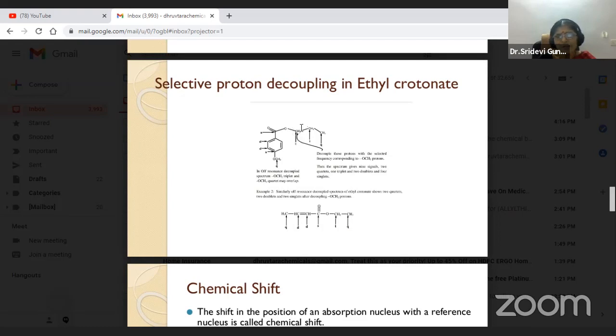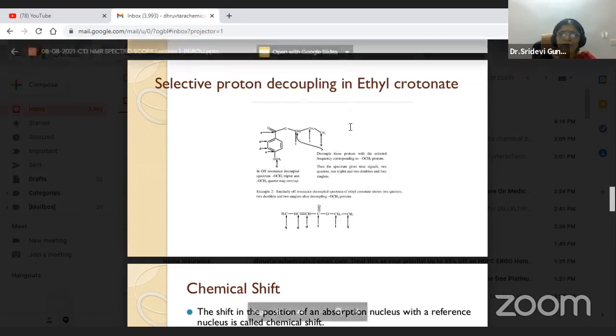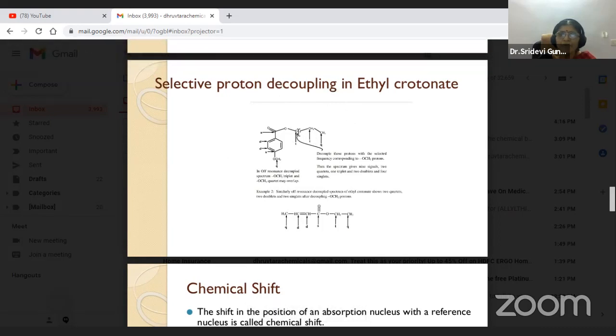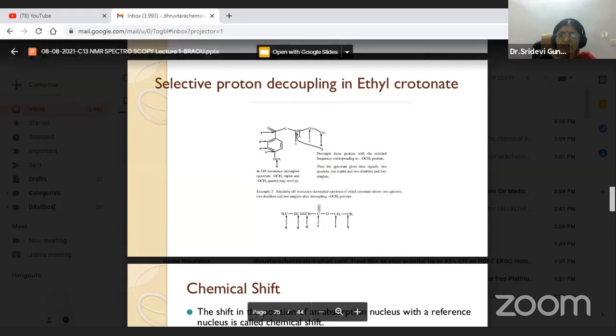Only these OCH2 protons are decoupled and all other coupling information is retained. So only this OCH2 carbon will appear as a singlet instead of a triplet. Whereas this will appear as a quartet, and the rest are not attached to protons, so there is no coupling. And these will appear as doublets.